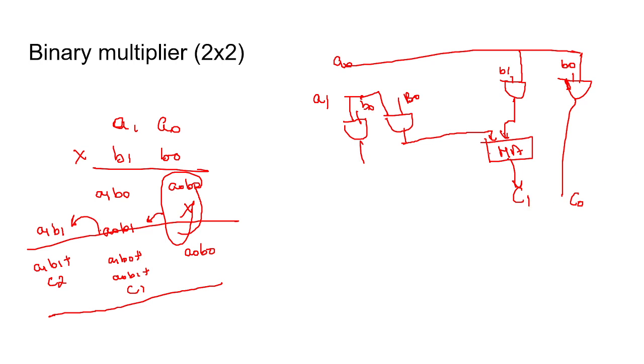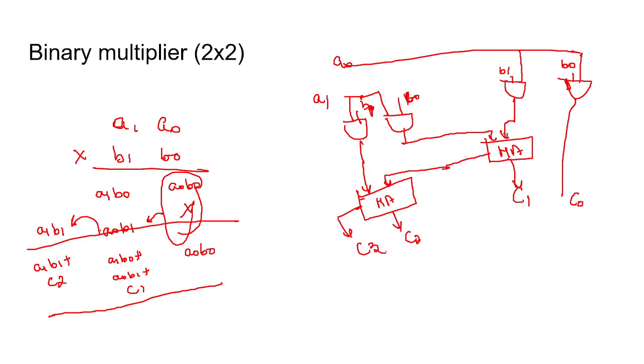For this we will have one more carry, and this one A1 B1 and A1 B0. This we will apply through another half adder, and we will get C2 and then C3. So this is the 2-bit, 2 cross 2 multiplier. Is the multiplier circuit clear?